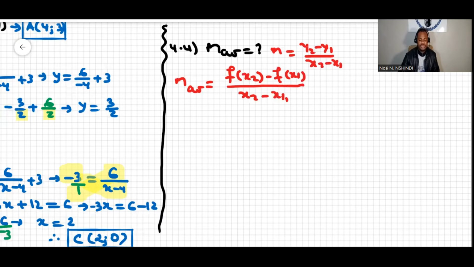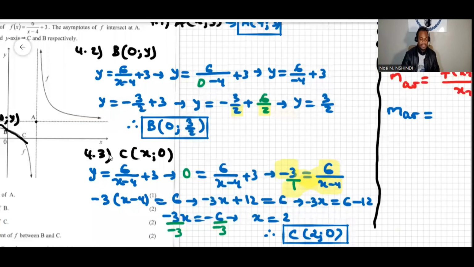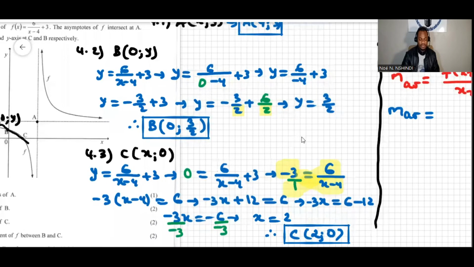Those two are the same thing because f of x2 is y2, and f of x1 is also y1. It doesn't matter which one is your x1 or x2.